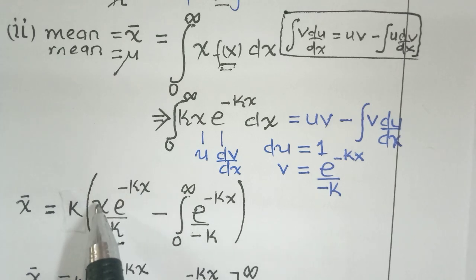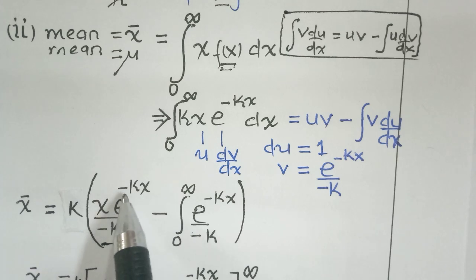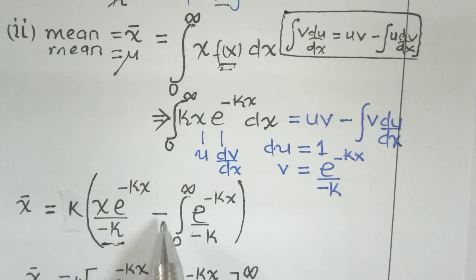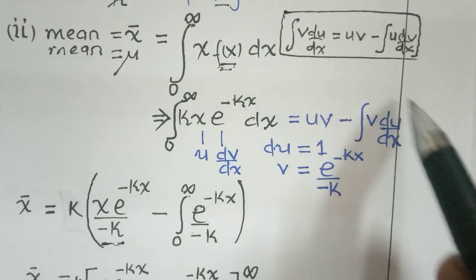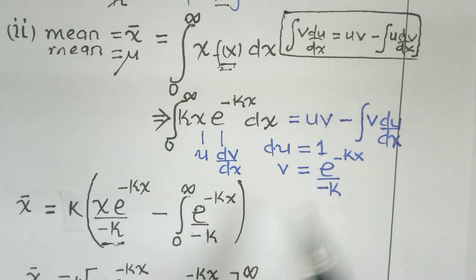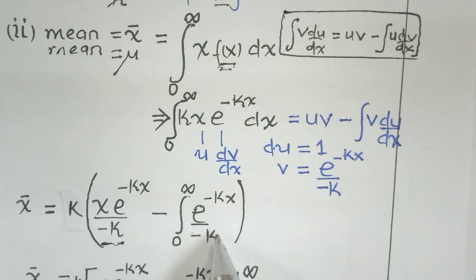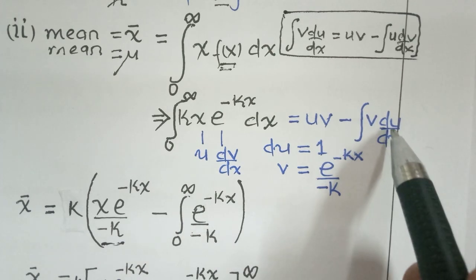So we have u here and we have v, which is e raised to minus kx all over minus k. Minus, then I put this figure, which is going to be v, which is here. And then we put our du dx.